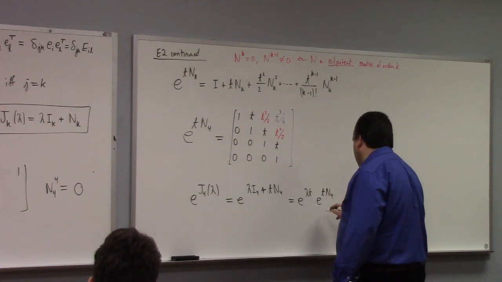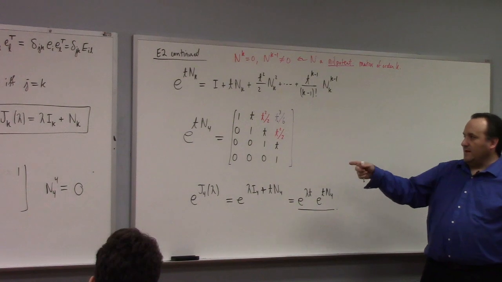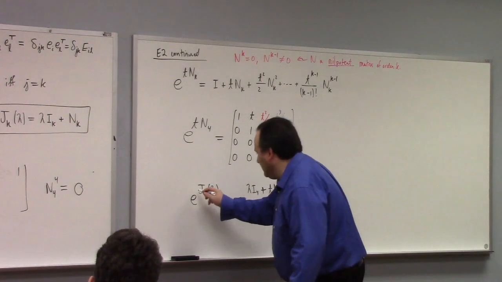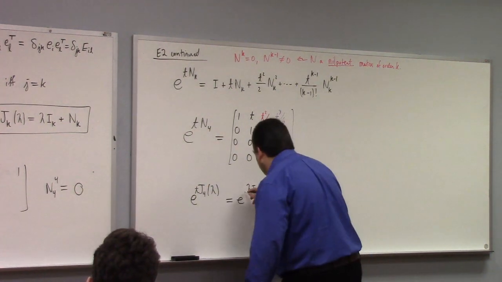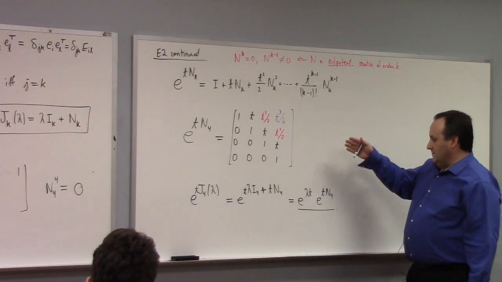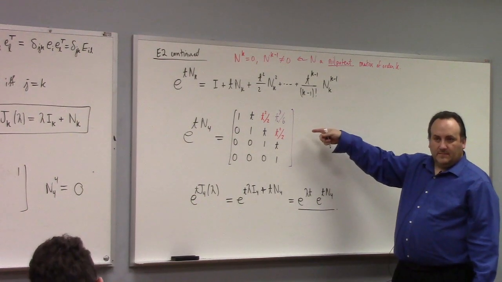By essentially the calculation I did at the start. So to find e to the J lambda times t, of course, t. Keep forgetting my t's, it's not good. All you do is just multiply everything in here by e to the lambda t, right?